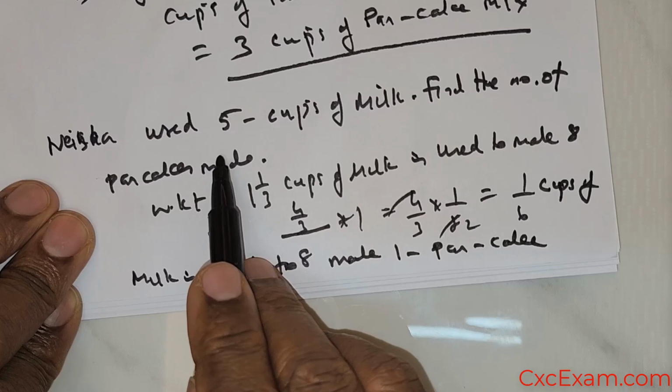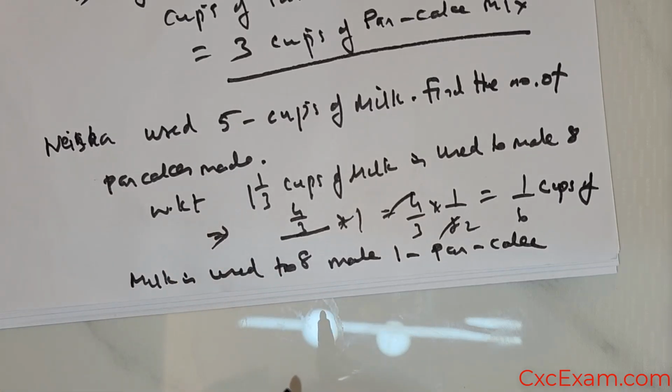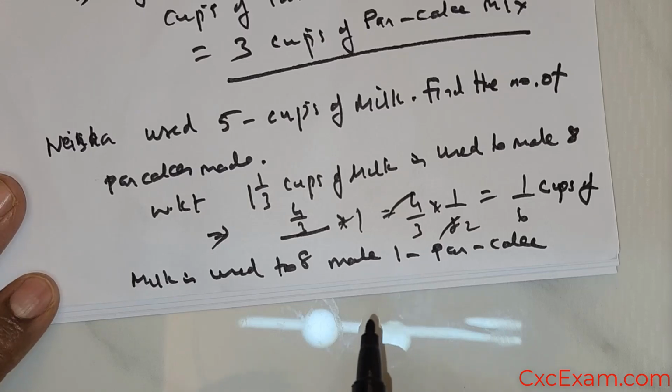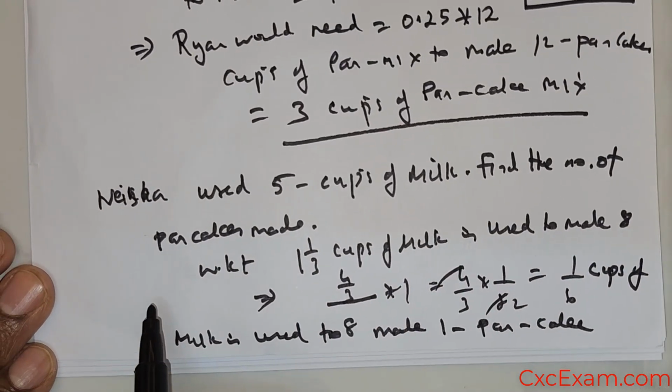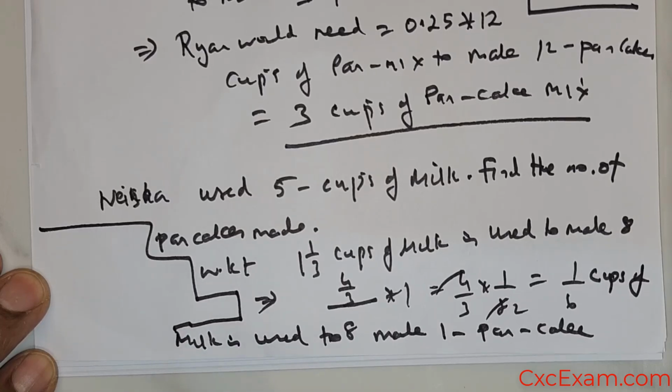So with the 5 cups, how many such pancakes can be made? Right, with 5 cups. So this goes in for making 1 pancake.